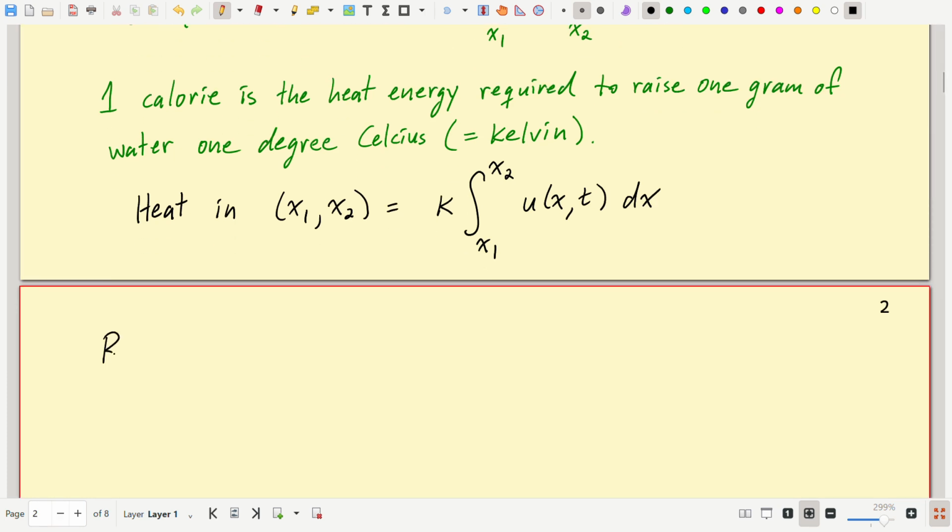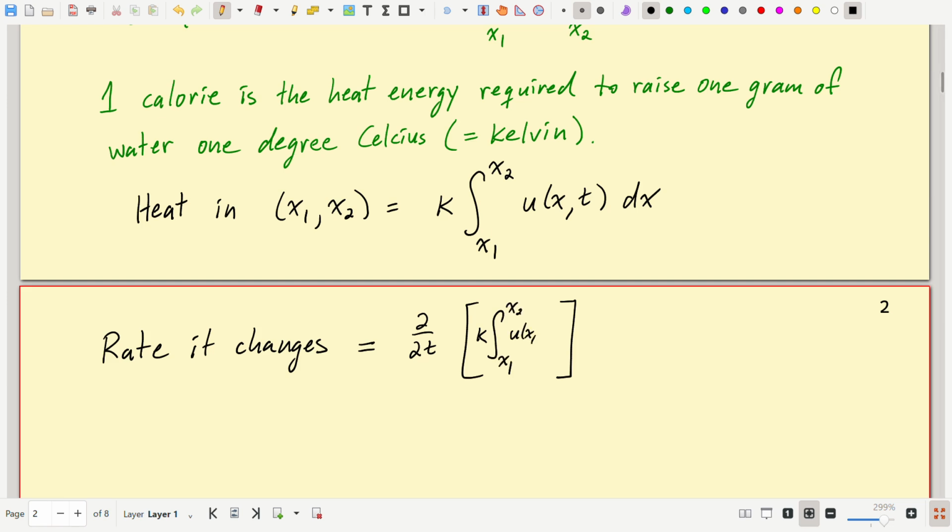And now the rate it changes, of course, is equal to d by dt of that, k times that integral. And you think, well, if everything's okay, I can differentiate under the integral sign in that other variable.